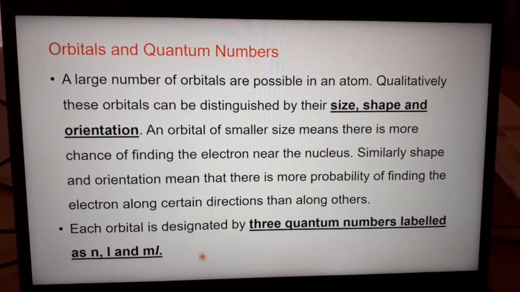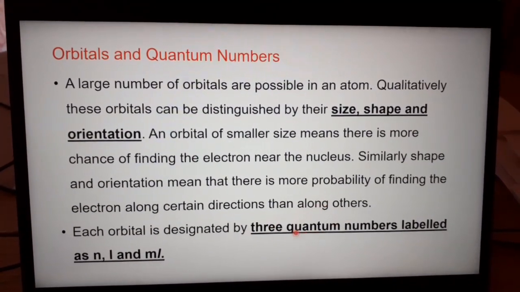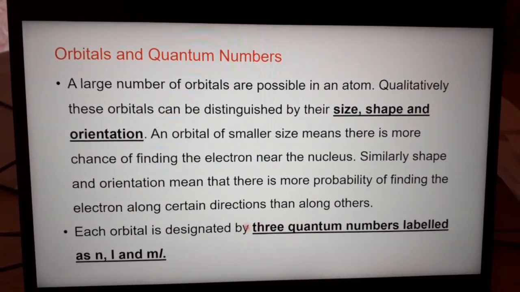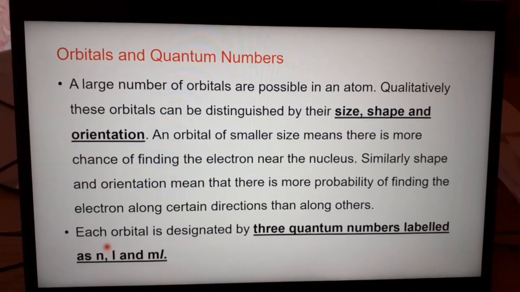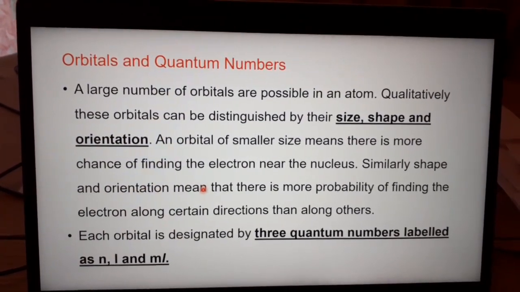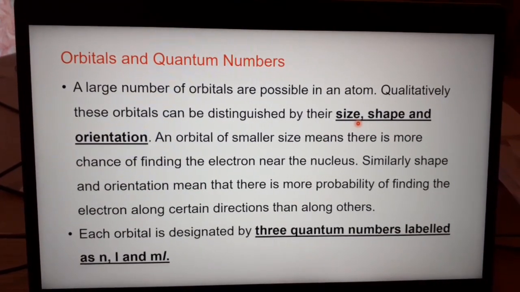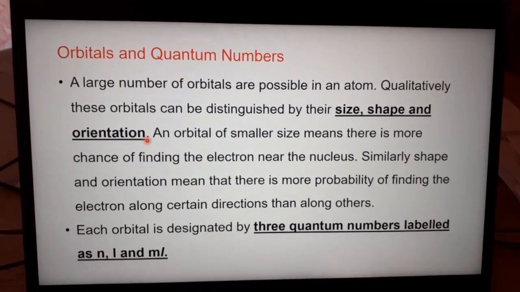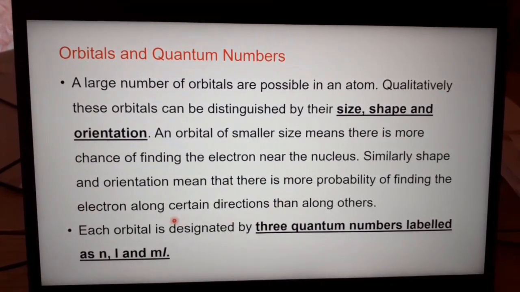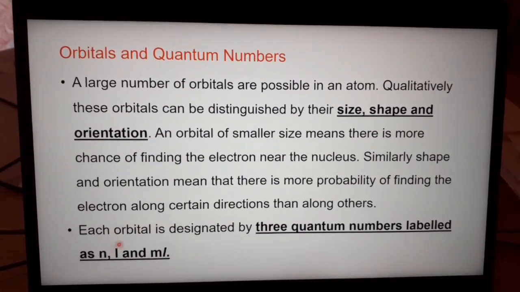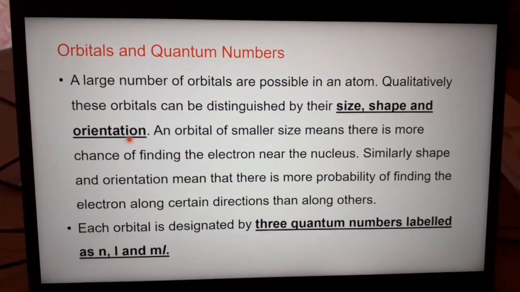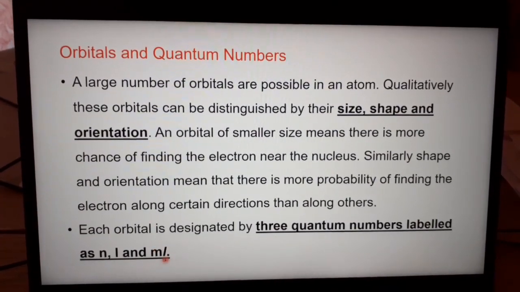You need to remember this from this slide. These three quantum numbers are very important to find out the size, shape, and orientation of the orbital. So size gives the idea from n, shape gives the idea about l, and orientation gives the magnetic quantum number, right?